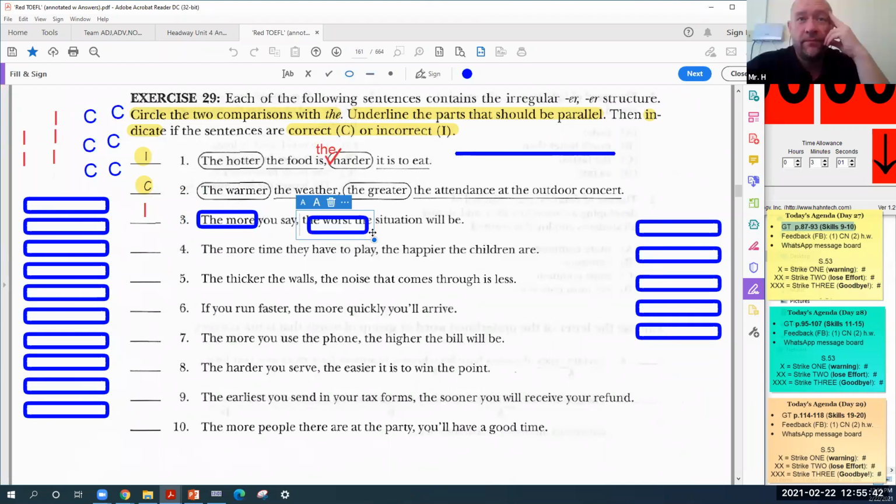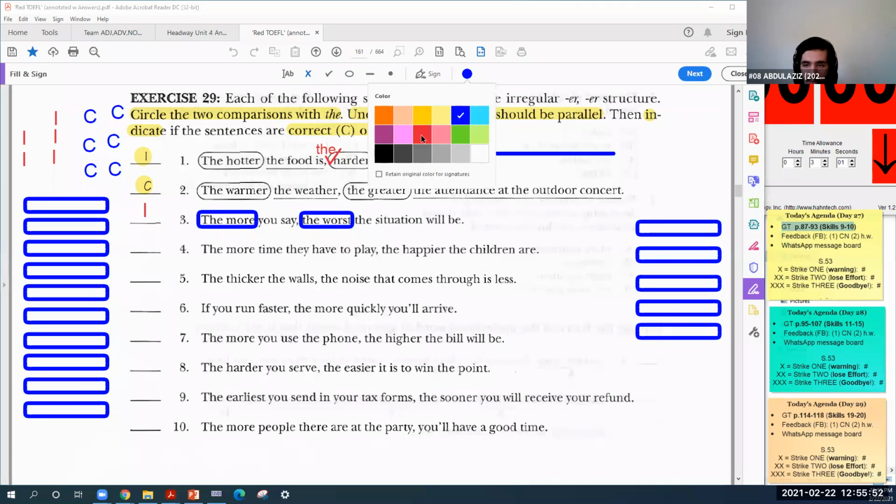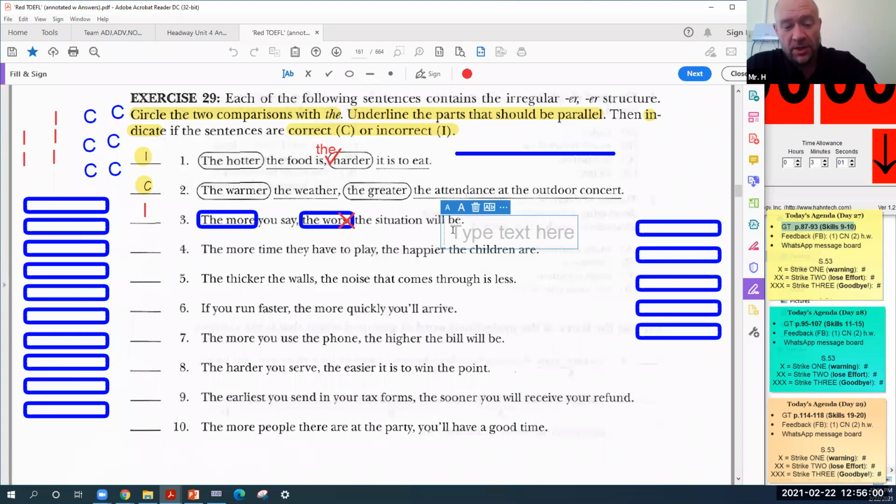Ah, yeah. What is worst? It's superlative, right? Yes. Worst is superlative. So it should be, you're right, the worse, W-O-R-S-E. It must be comparative, cannot be the superlative, okay?